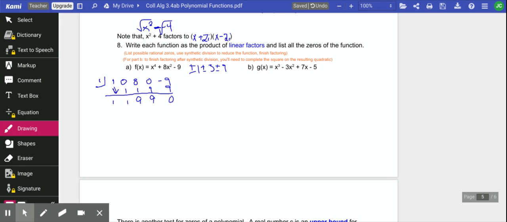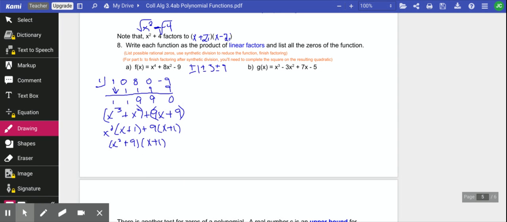So this is going to get us a cubic, x cubed plus x squared plus 9x plus 9. And I think this actually will factor by grouping. So we can take out an x squared, which leaves us with x plus 1. We're going to factor out a 9, which leaves us with x plus 1. So we get x squared plus 9 and x plus 1.